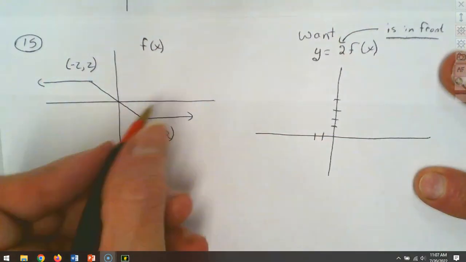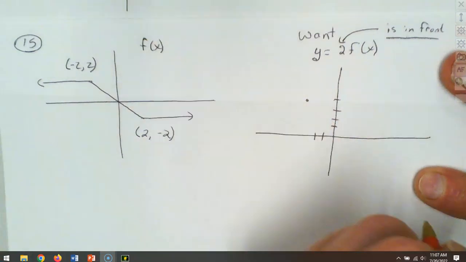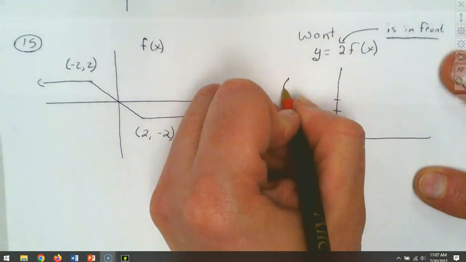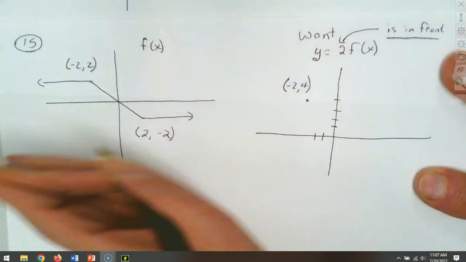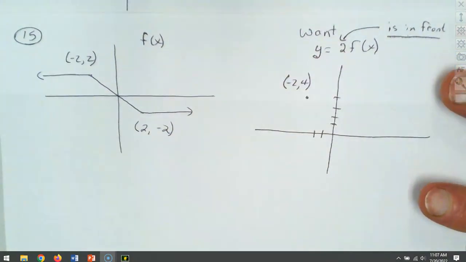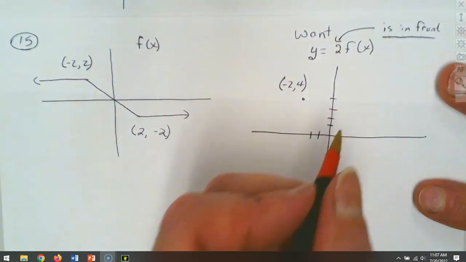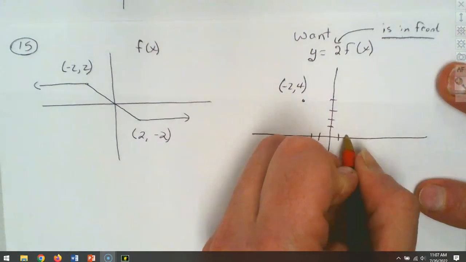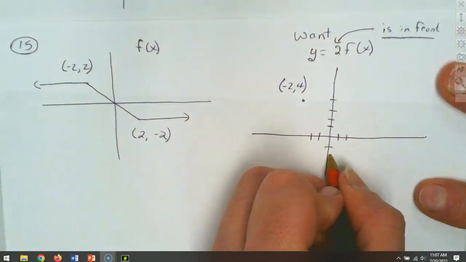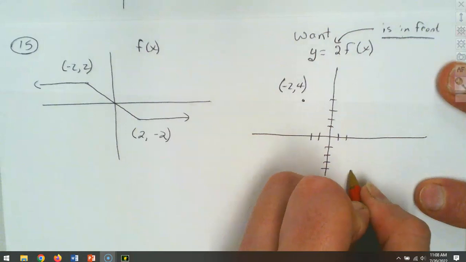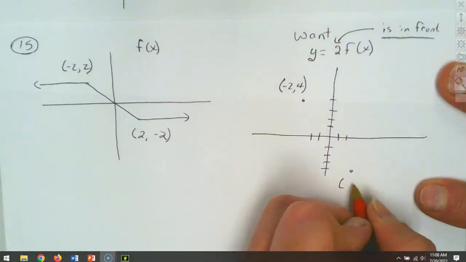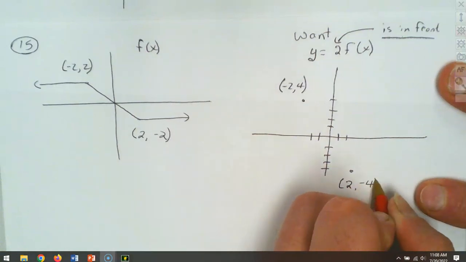So we're still at negative 2, but instead of it being at negative 2, 2, it's at negative 2, 4. And the other point, instead of it being at 2, negative 2, we have to double it on the y part, and that's going to make that now at 2, negative 4.